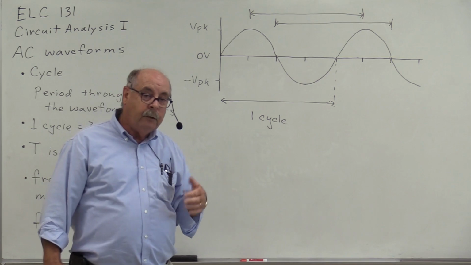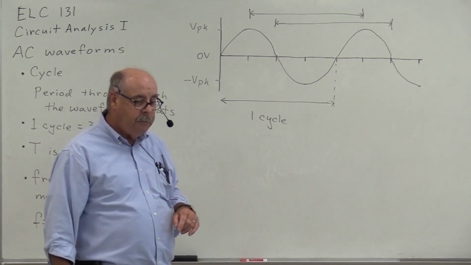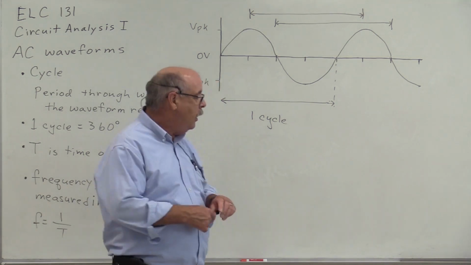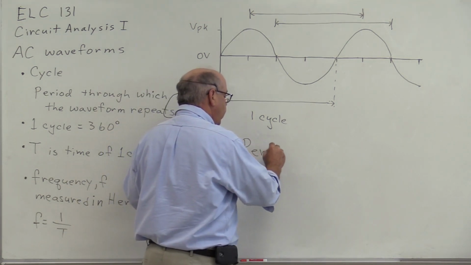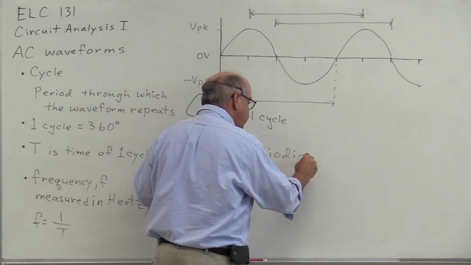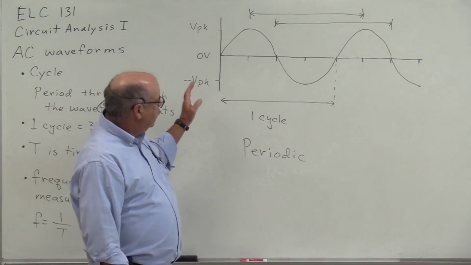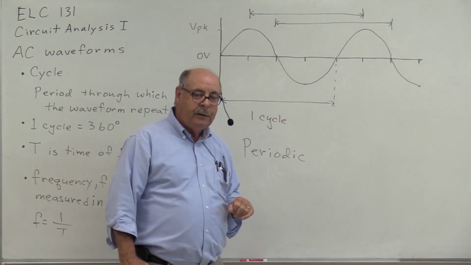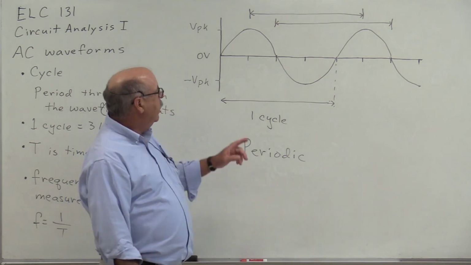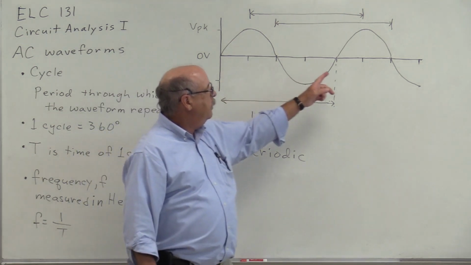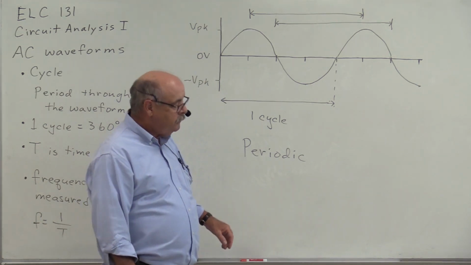And for the waveforms that we'll discuss in this presentation, we're always talking about what are considered periodic waveforms, which means that the time or the length of one cycle is always constant, regardless of where we begin and end our cycles.